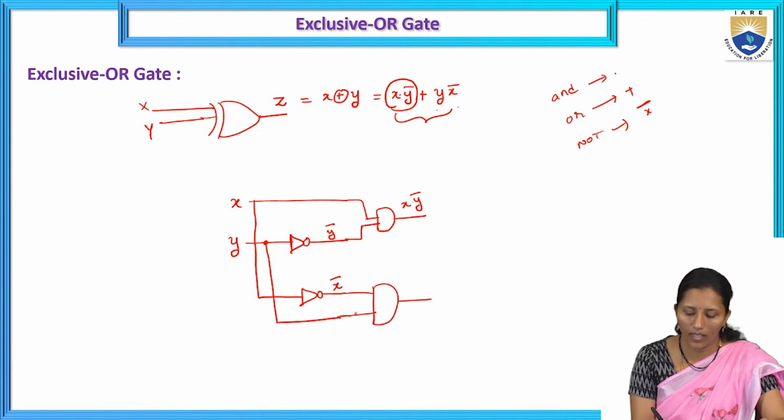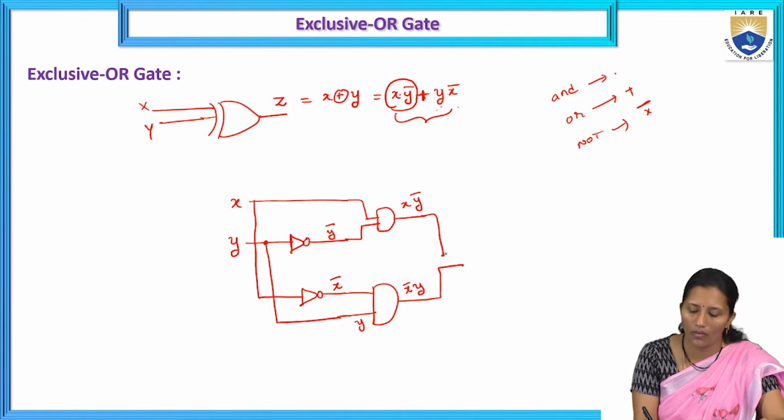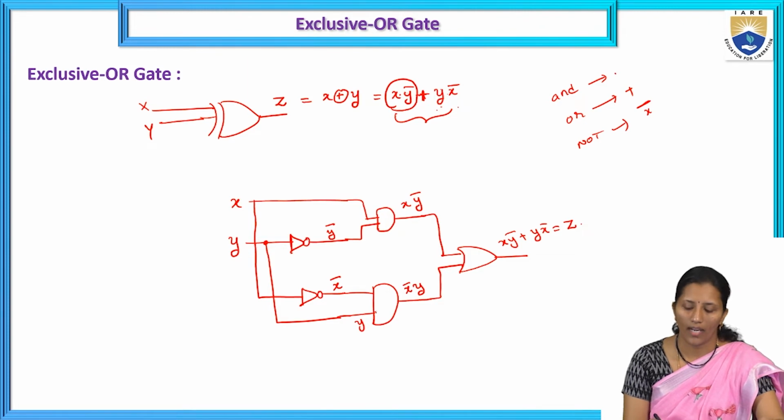These two terms are added, X Y bar and Y X bar, and for the plus symbol we use the OR gate. So we get X Y bar plus Y X bar, that is Z. This is the exclusive OR gate function using AND, OR and NOT gates.